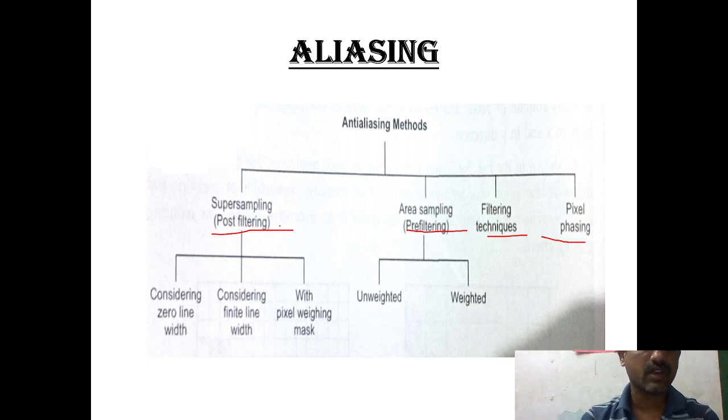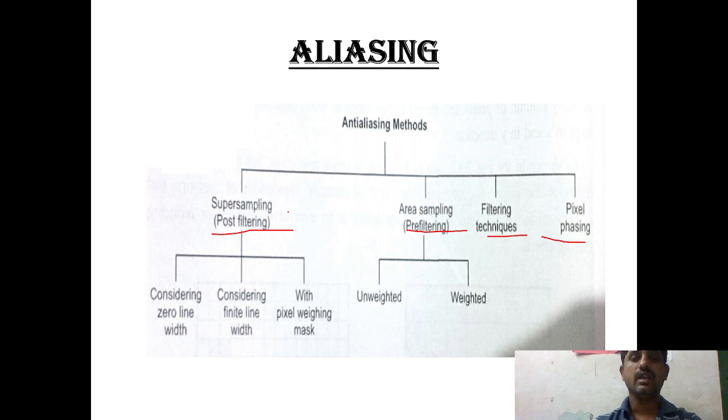Super sampling we can call post filtering, and area sampling we can call pre-filtering. In super sampling we have three approaches: considering zero line width, considering finite line width, and considering finite line width with a pixel weighting mask. Based upon these three, we can implement super sampling, that is, full filtering. Then for area sampling, there are unweighted and weighted approaches.